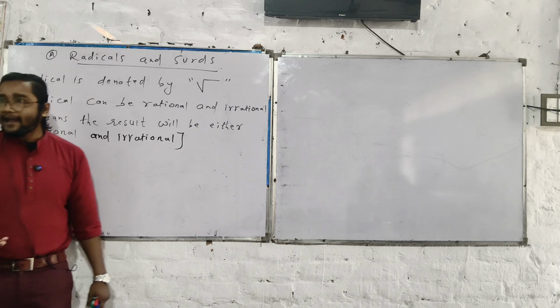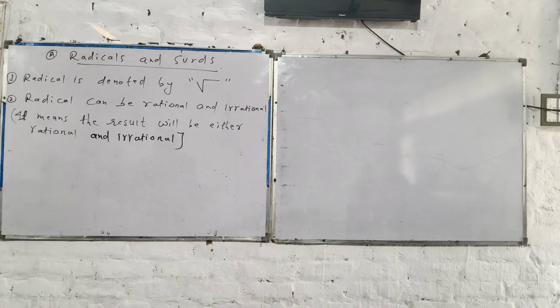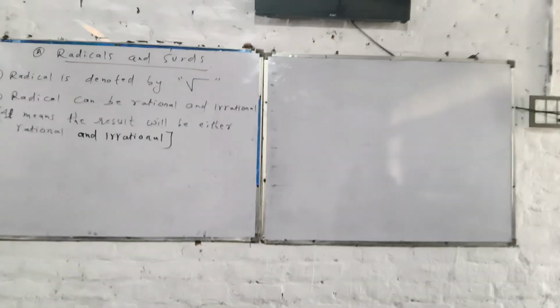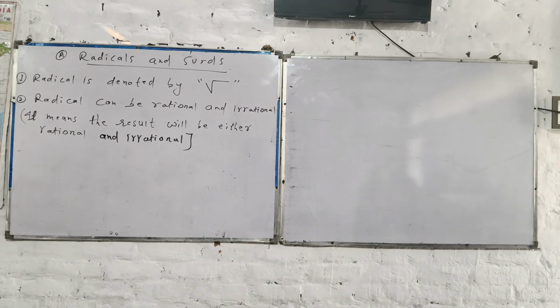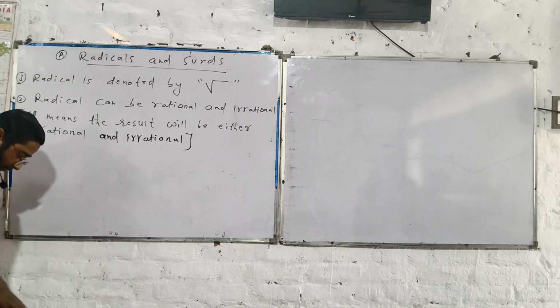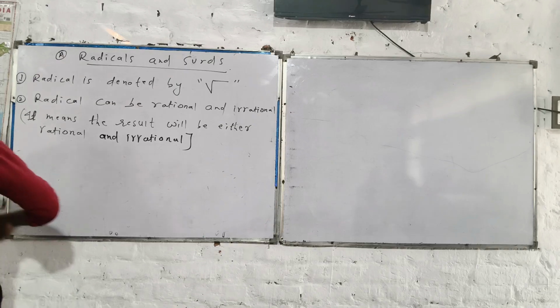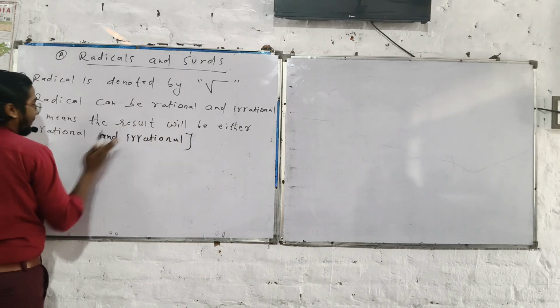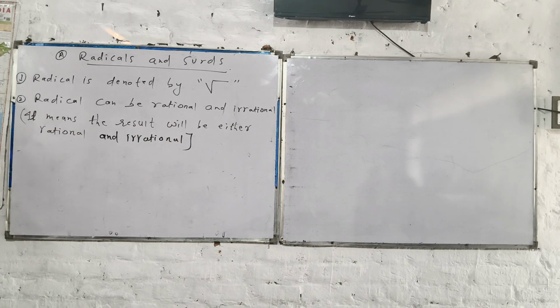Here it wants to say that the result of the radical will be either rational or irrational. Try to understand what I want to say now.